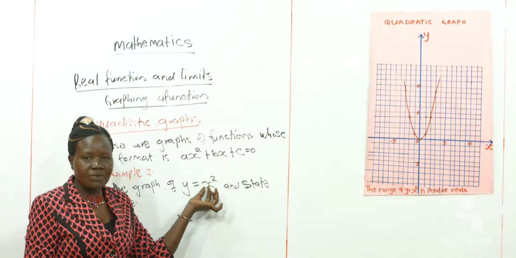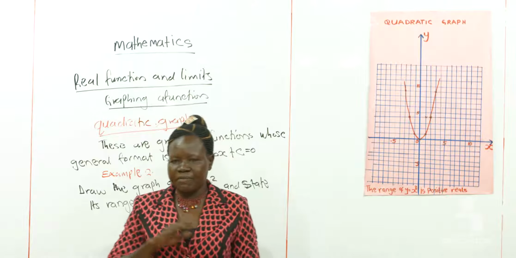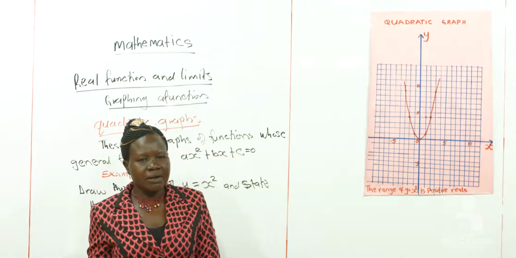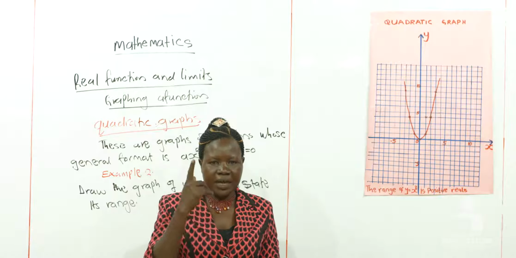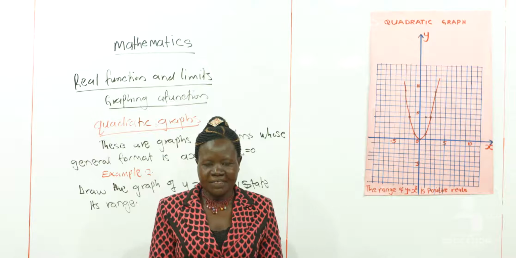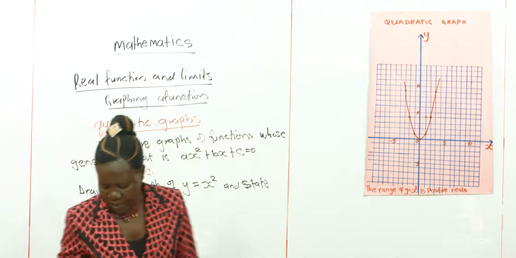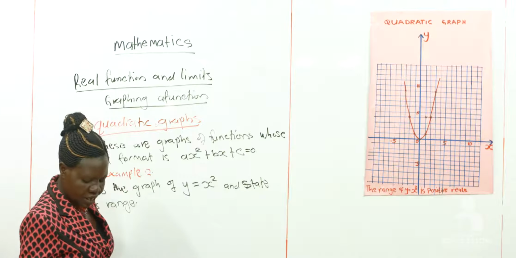If it is a quadratic, it is going to affect both sides: the x-axis left and right, and also the y-axis, both north and south. That is what you are supposed to have in mind when you are dealing with a quadratic graph.